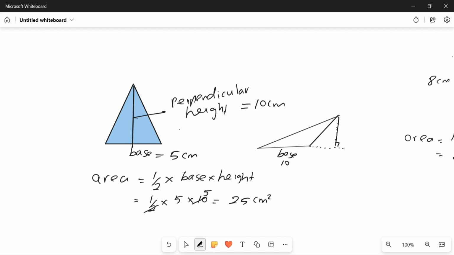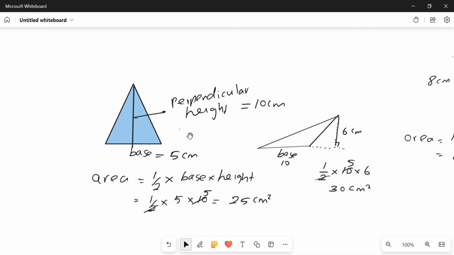So if the base is 10 centimeter, height is 6 centimeter, half into base into height, divide 10 by 2, 5 times 6, 30 centimeter squared. So we don't need to worry about this gap. What is the length of the base and what is the perpendicular height? So remember always, you can take any length as a base.